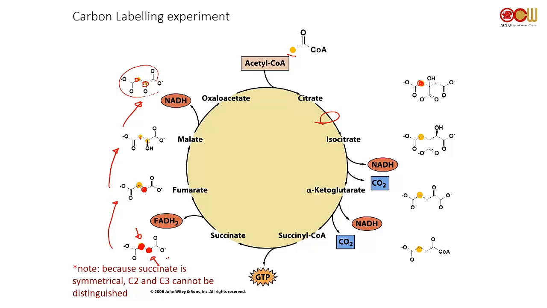Make sense? 懂我意思吗？就是说 acetyl-CoA 进来的时候是没有问题，到这边都没有问题。什么是左边，什么是右边很清楚。但是当你从 succinyl-CoA 到 succinate 的时候，你的左边跟右边已经分不出来了，因为它这个东西是 symmetrical。所以 C2 跟 C3 cannot be differentiated.